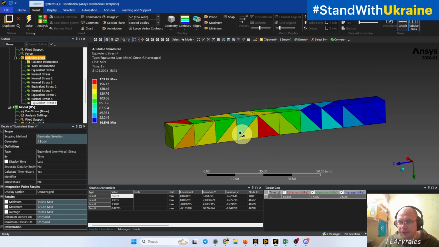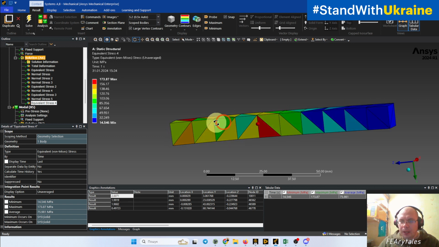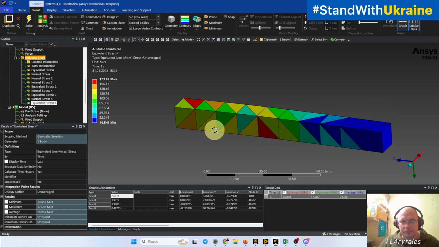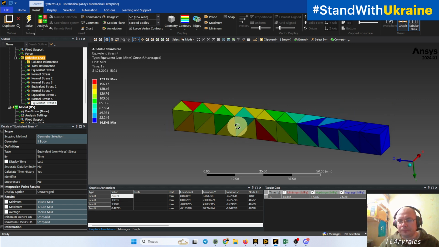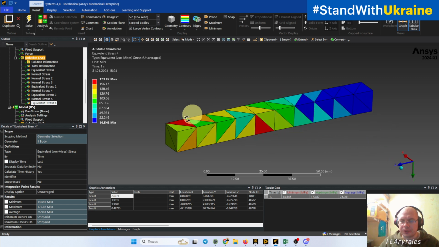For nonlinear material behavior, this type of stress distribution sometimes can simplify convergence and simplify work with those types of tasks, so it's different.